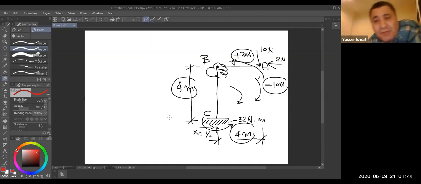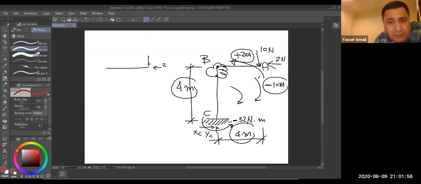Okay, how to solve this type of frames? Here you have the first segment, cut the first segment. You have here what? You have 2 Newton and you have 10 Newton. And what is the X here? X should be 2, yes? And Y is equal to what?